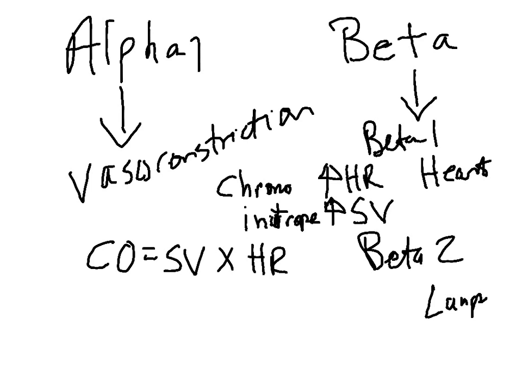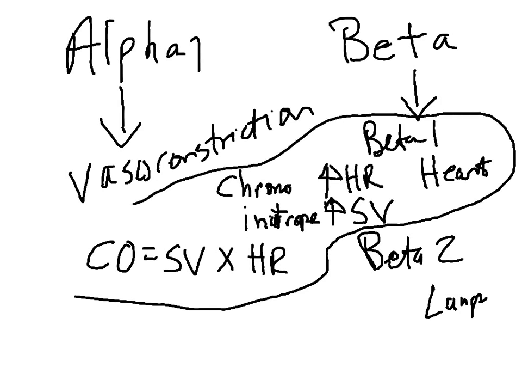So CO is stroke volume, the amount I squeeze with each beat, times the number of times it beats. If I want to bump my cardiac output, then I need a positive chronotrope to increase the heart rate, or a positive inotrope to increase the stroke volume, or both. So I need to call beta 1 if I need better cardiac output.